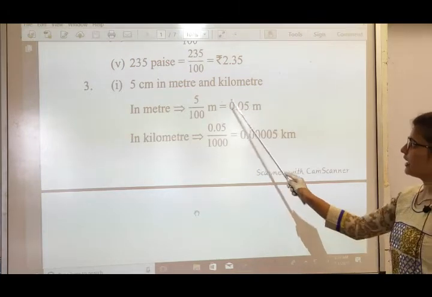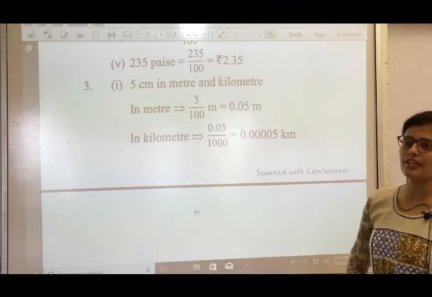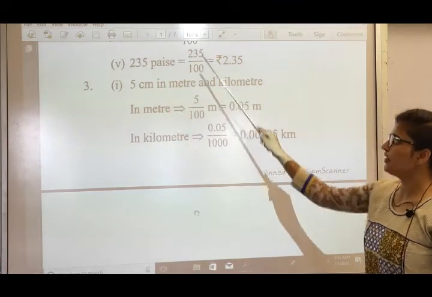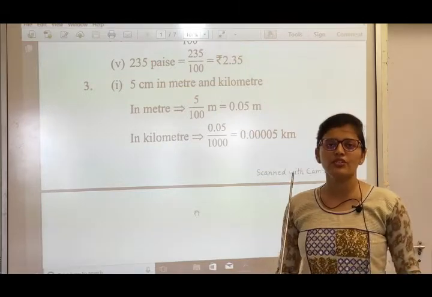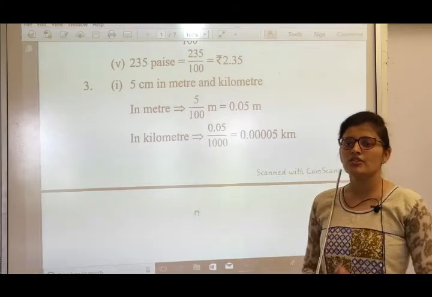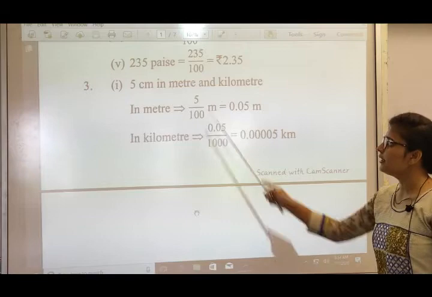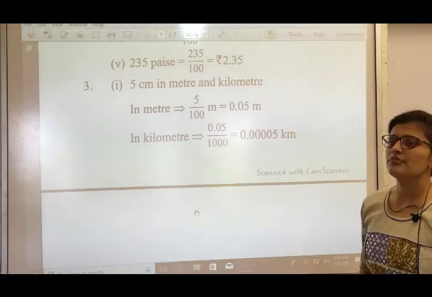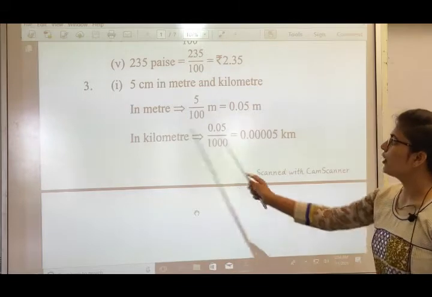So here we are getting the answer in the meter form. Now this we have to convert into the kilometer. After converting centimeter into meter, meter will be converted into kilometer, because we know the relation between meter and kilometer, that 1 kilometer is equal to 1000 meters. So we have to divide the number given in meter by 1000. So in kilometer it will be equal to, what was the meter?